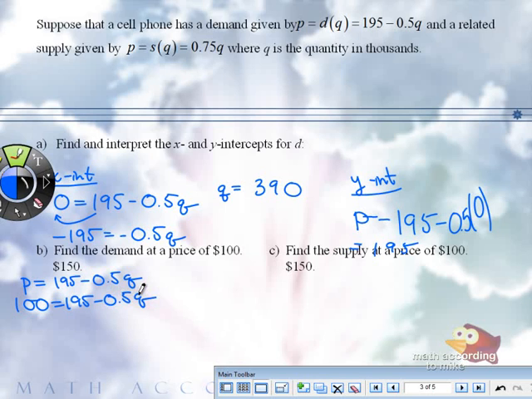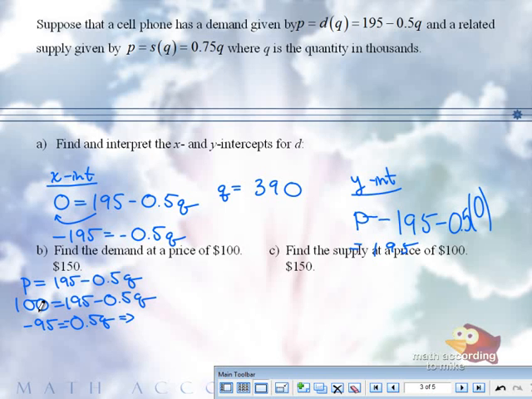So now it's like the x-intercept. We're going to solve for Q by subtracting 195. So we have negative 95 equals negative 0.5Q.